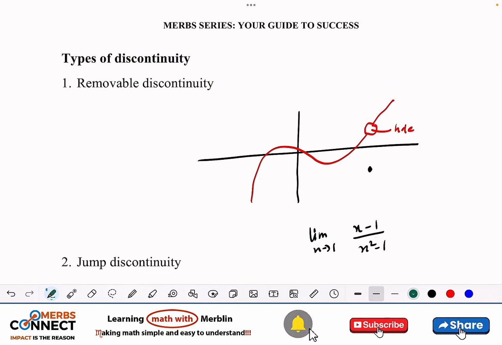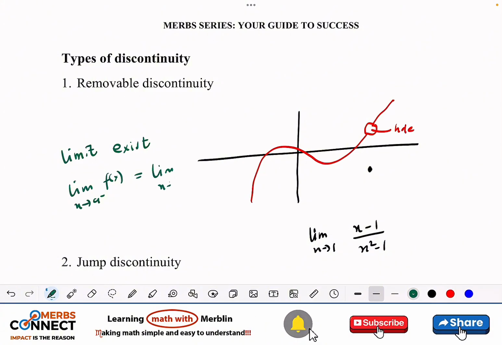The key thing is that anytime we are talking about removable, the limit exists. Removable, limit exists. It implies that the limit as x is approaching a from the left of f of x is the same as the limit as x is approaching a from the right of f of x.